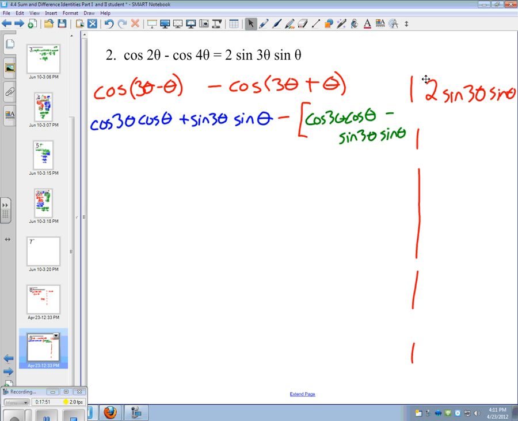Okay, combining like terms, I have cos 3 theta cos theta minus cos 3 theta cos theta. There we go. Sine 3 theta sine theta, minus minus. So when you subtract a negative, it's just like adding. So it's like there's 2 of them. 2 sine 3 theta sine theta. And that's exactly what we wanted to show.